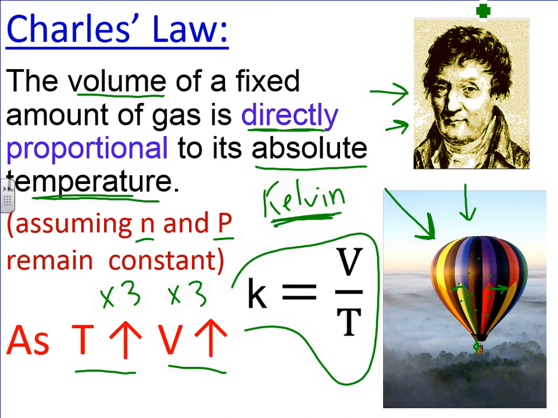Now essentially it rushes out of the balloon, creating a smaller density of air inside compared to the density of the air outside. So essentially you have a huge balloon that has a smaller density, and that's why it's able to float. So it's really an idea of density, and that density is reduced by heating, because heating increases the volume. If the volume increases, then the density decreases. And that's really how it works. But it is due to Charles' law.